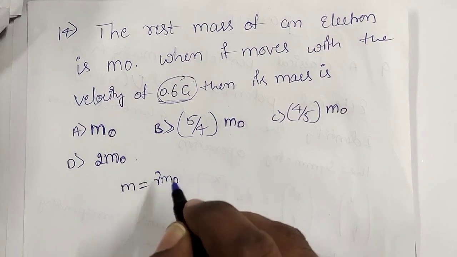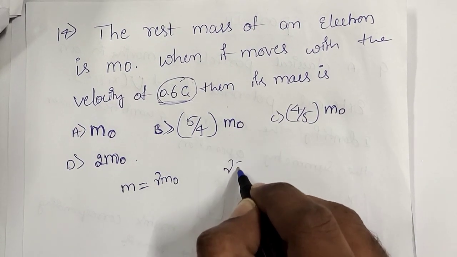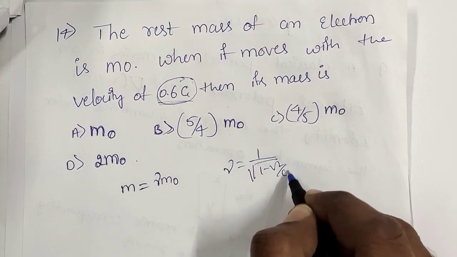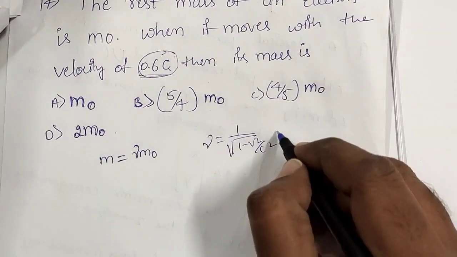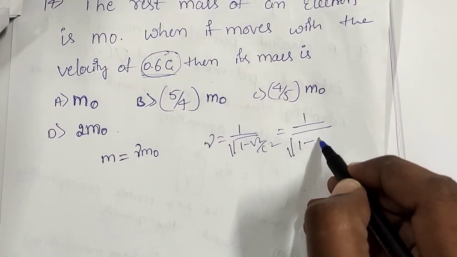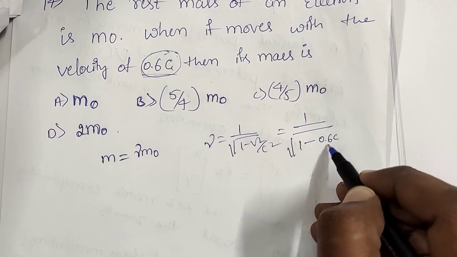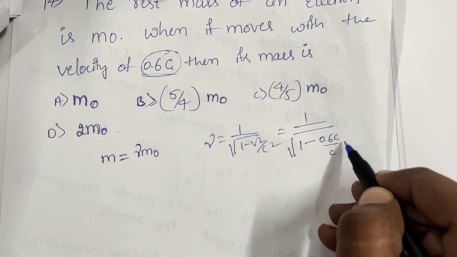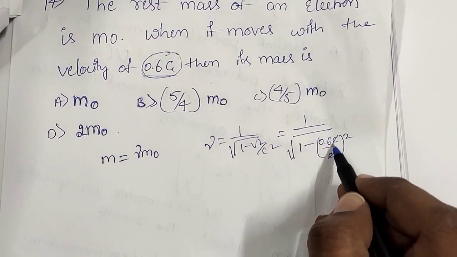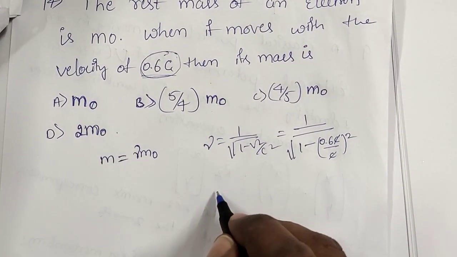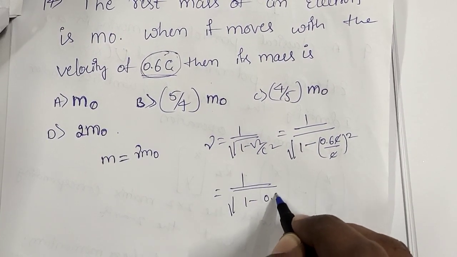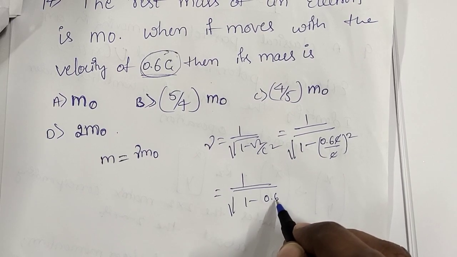Gamma is equal to 1 by square root of 1 minus v square by c square, which is 1 divided by square root of 1 minus 0.6 c divided by c, whole square. Then c and c cancel, remaining 1 divided by square root of 1 minus 0.6 whole square.